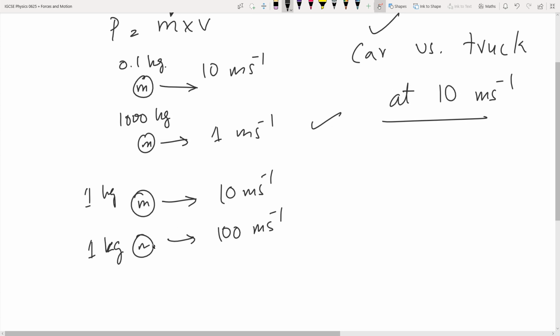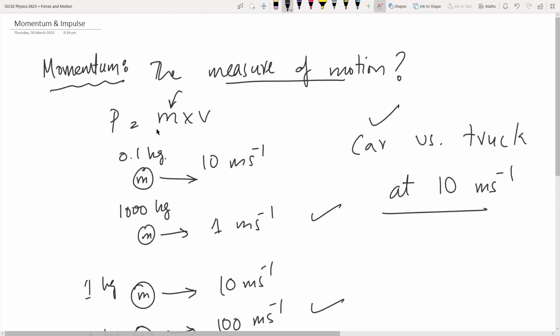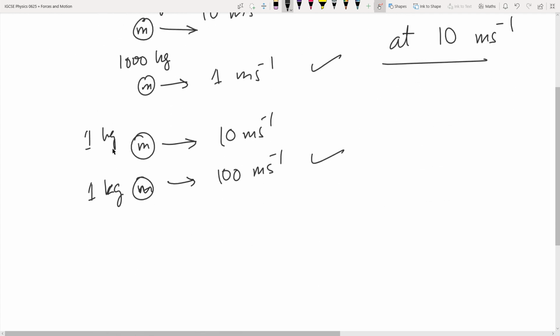When we try to stop them, I think the faster one is going to be much harder to stop, and the slower one is going to be easier. Why? Because more velocity means more measure of the motion, and hence it would be harder for you to stop this mass, right? So this is what we mean by momentum. It is the measure of the motion of an object, right?